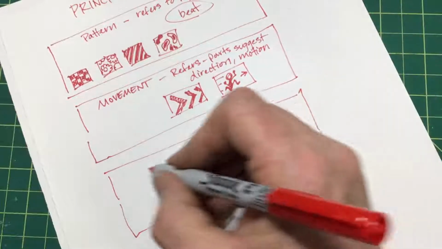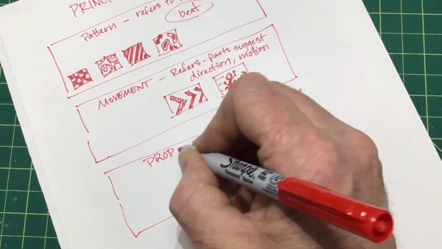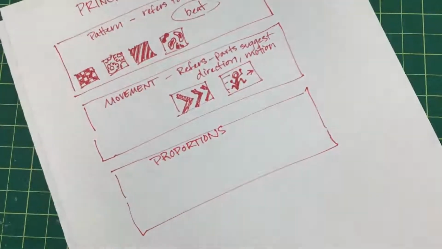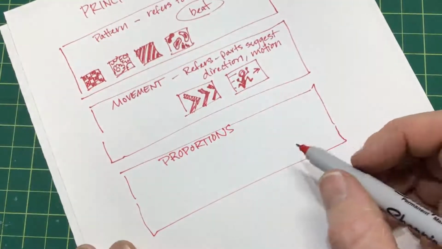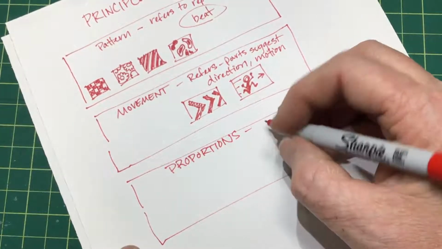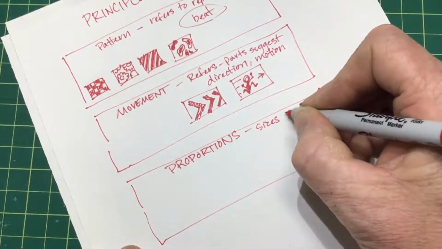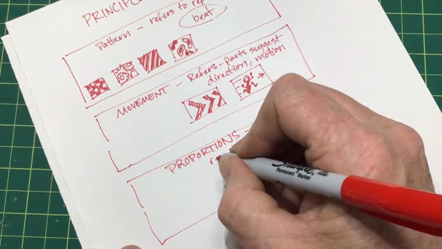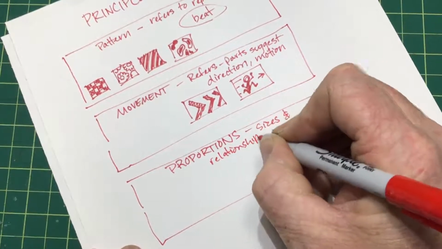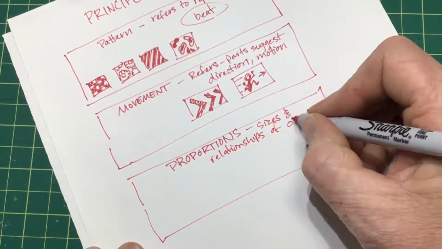Now, the next one is dealing with proportions. That's a big, big deal. Proportions are not easy sometimes, but sometimes when we generalize, it can be obvious. So here's a definition. It deals with the sizes and relationships of objects and things.